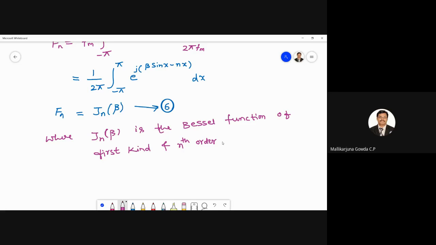So this is very fundamental mathematics, the Bessel function. I am saying this Jn of beta is the Bessel function of the first kind and nth order with argument beta. For higher semester subjects, to understand, you should know the fundamentals properly.